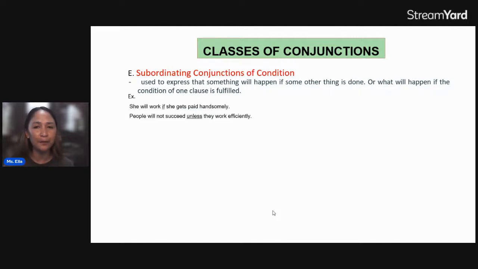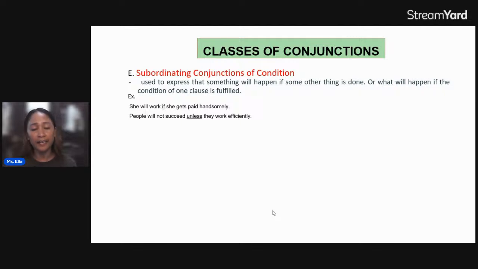For example, "She will work if she gets paid handsomely." There's a condition there: in order for something to happen, this other thing must happen also. So, I will work if I get paid handsomely. Something will happen if some other thing is also done.